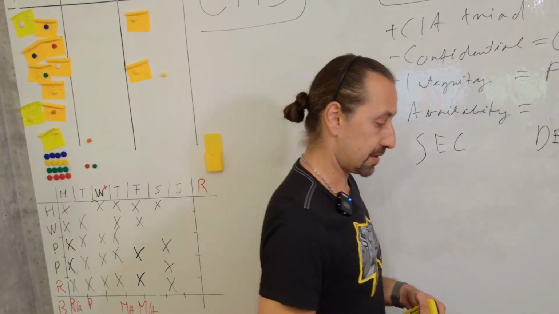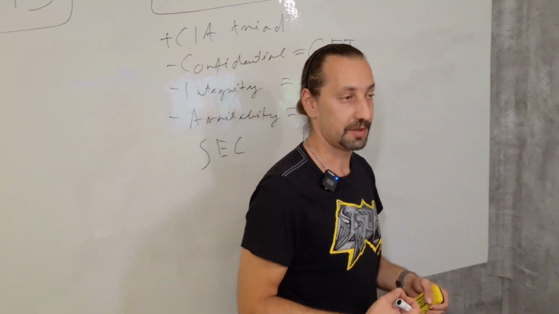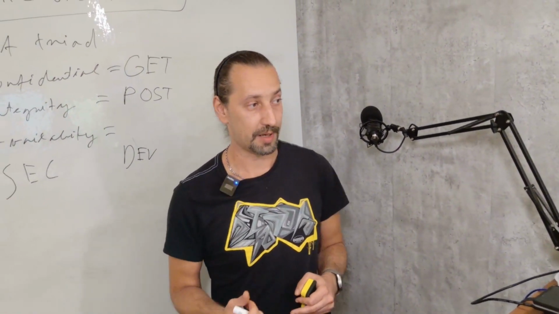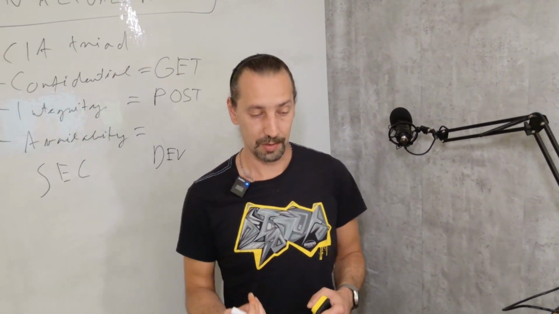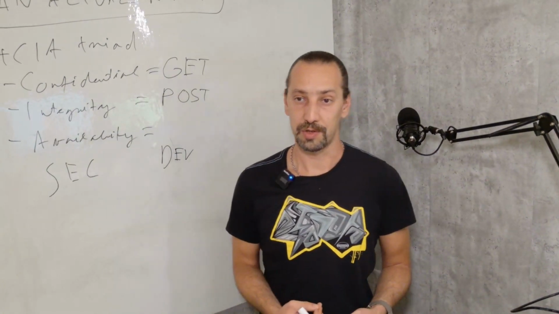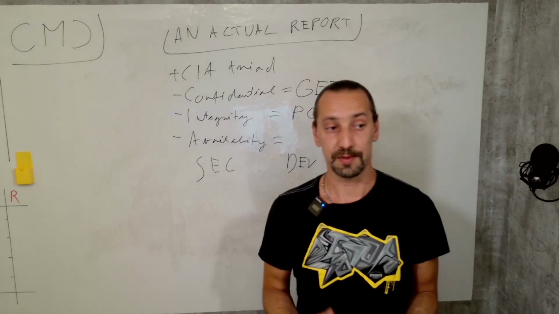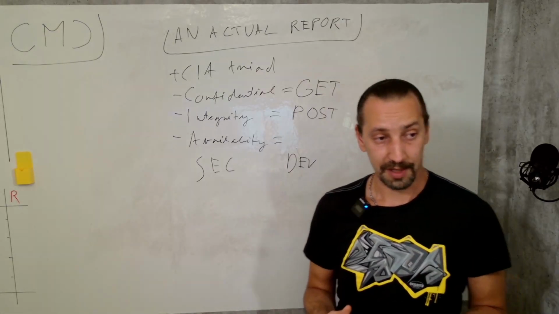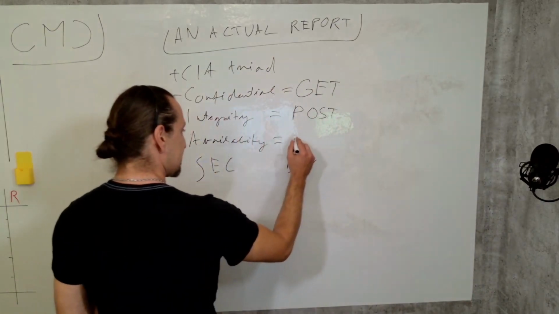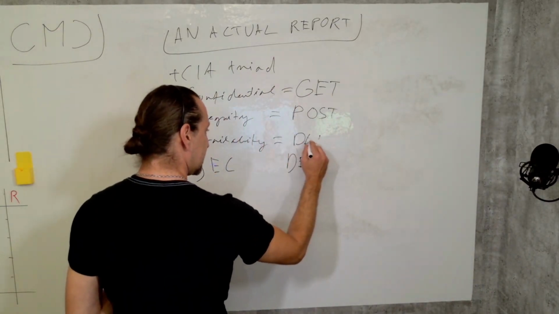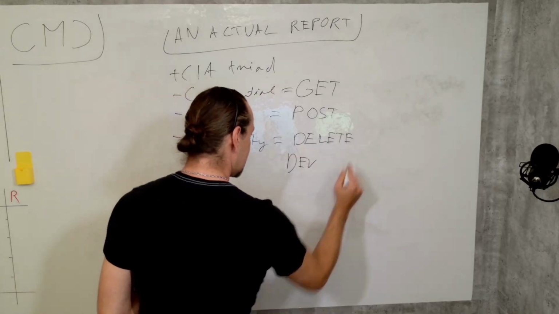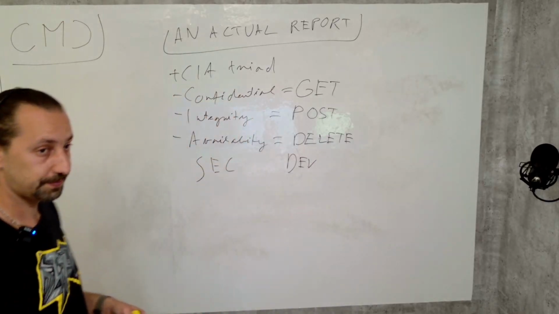And from a developer's perspective, availability is not really a concerning part. We can write high availability functions in different kinds of software technologies. But to keep it simple, this is the delete request.